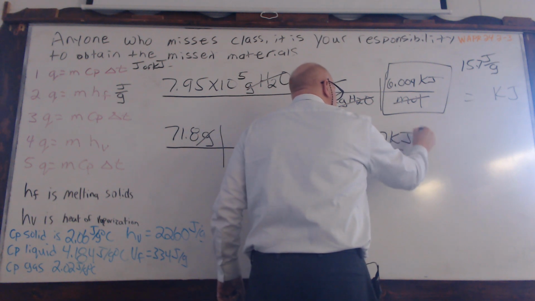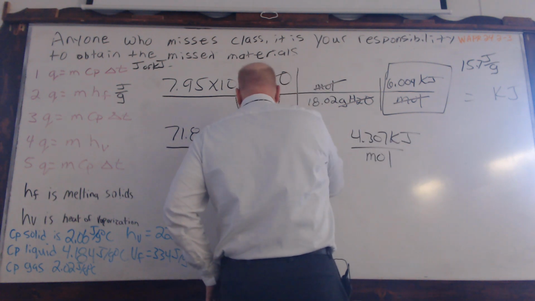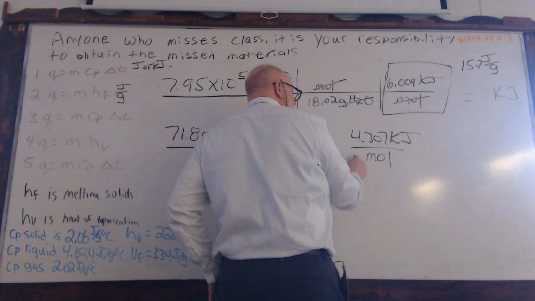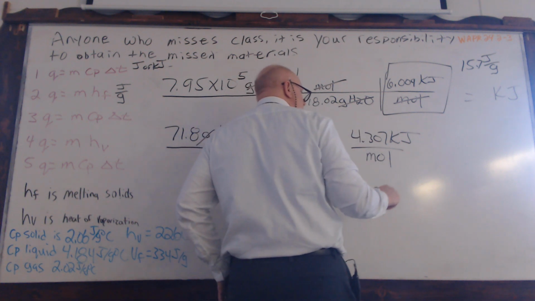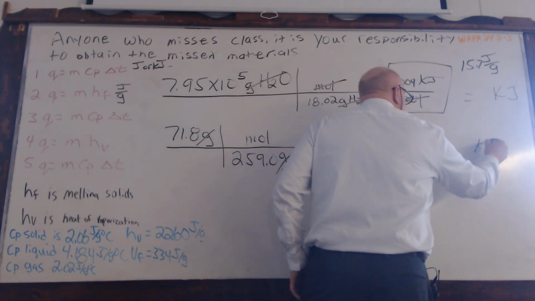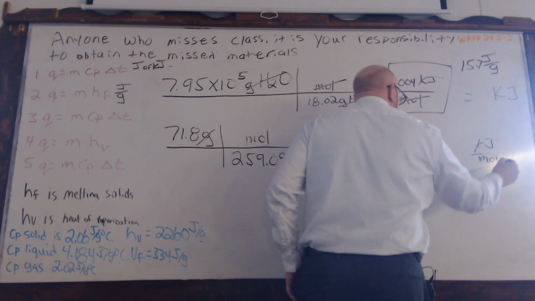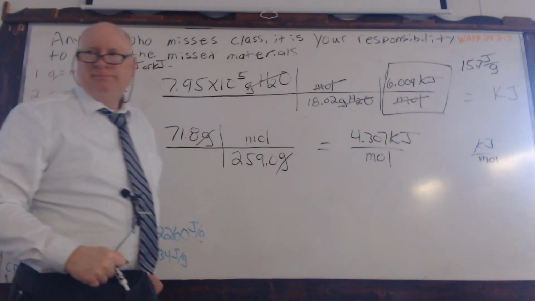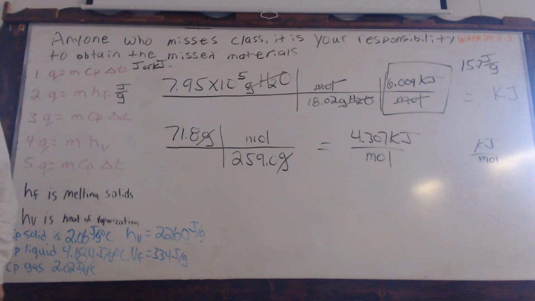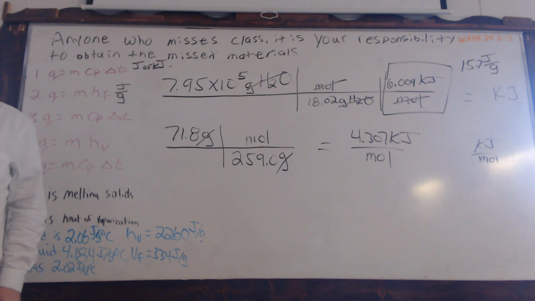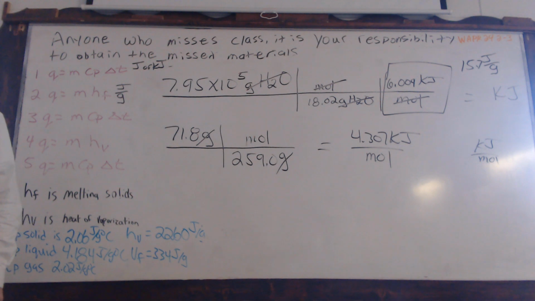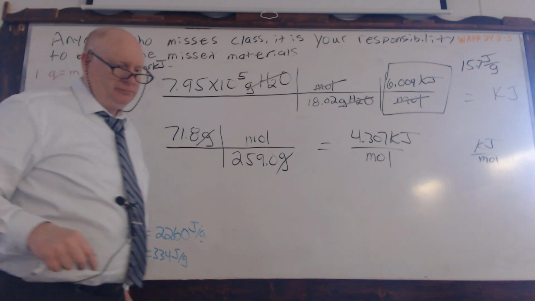So whatever this is in moles goes on the bottom. Then you would divide that out, and you'd have your kilojoules per mole. That's your answer. But you gotta write your moles too. So what did you get? Yeah, that's what I get. Okay.